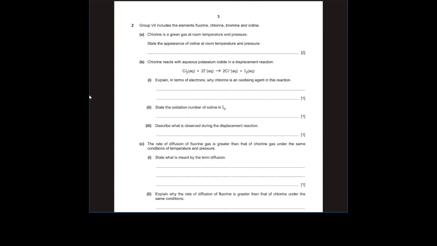So we have to include solid. I'll just write solid here. But appearance also includes its color, so keep this in mind. Iodine is a gray black solid.